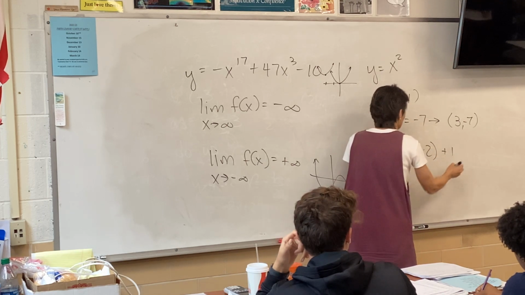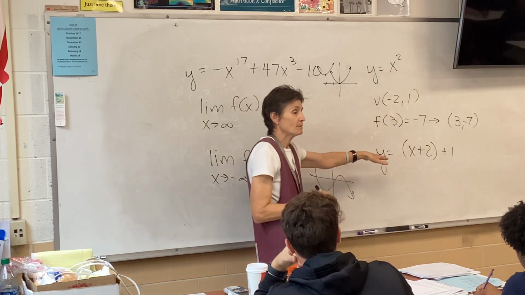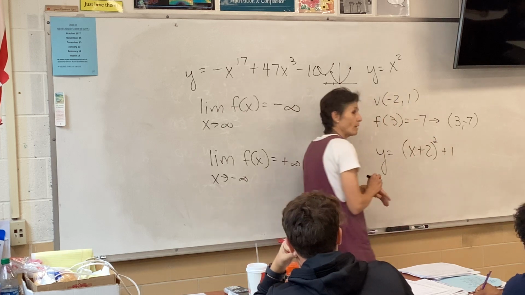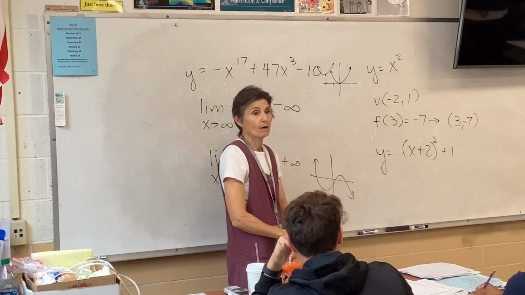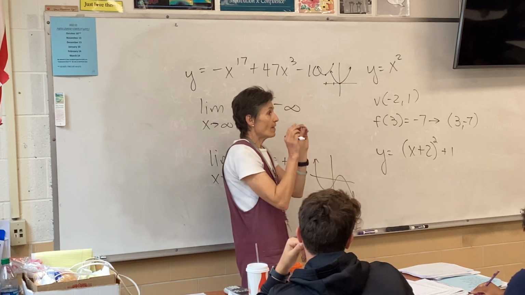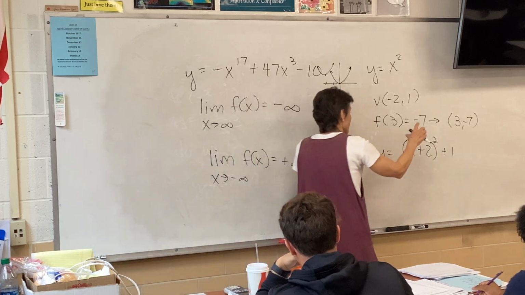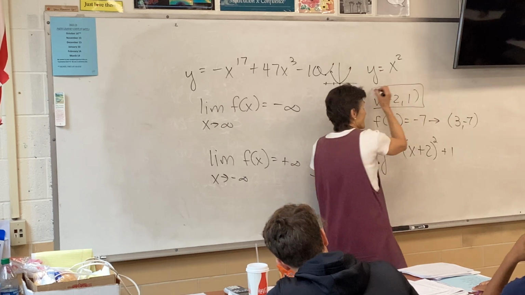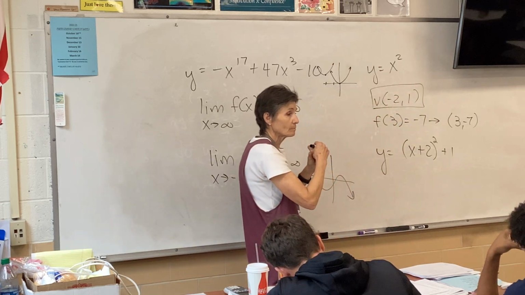Oh, plus 1. Plus 1. Now, something's missing in there, though, that's kind of important. You need the squared. Remember, it is a quadratic, so you got to keep the squared on the x, right? Okay, we're halfway there. That is the kind of the foundation of your equation, because that's where the vertex is.